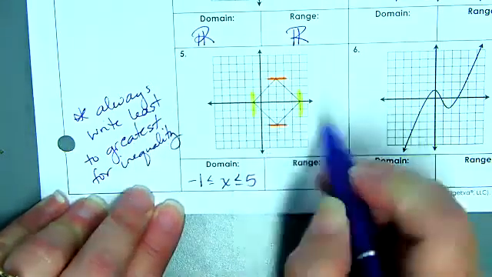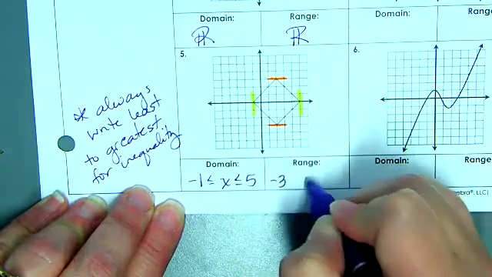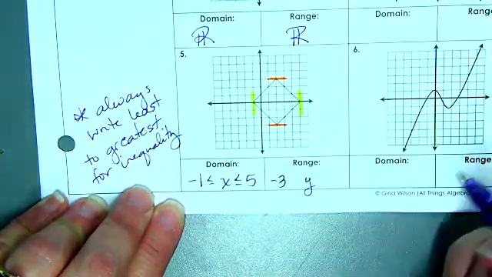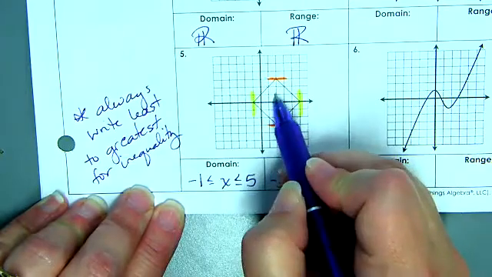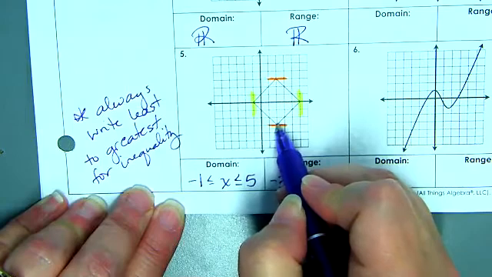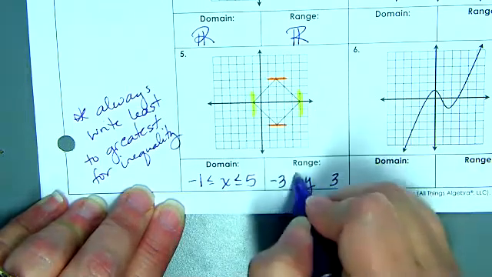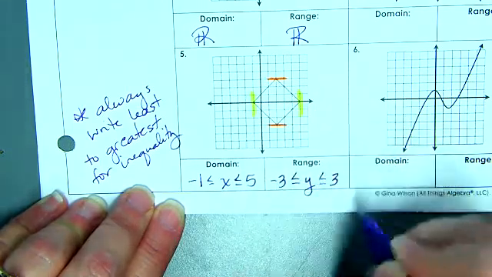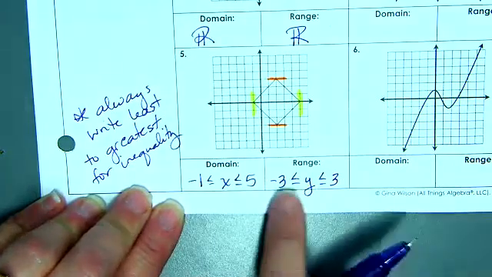That's 1, 2, 3, so that's a -3. I know I'm talking about Y, so I'm going to put the Y in the middle. And then what's the highest? 1, 2, 3. And it is equal to, because the graph lands on that point, so it's going to be less than or equal to, because I want everything in between.